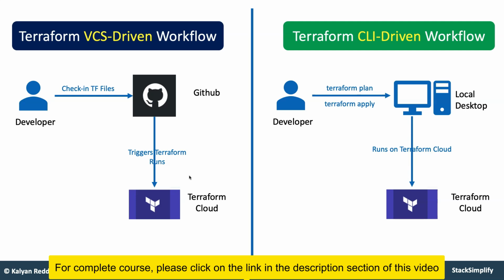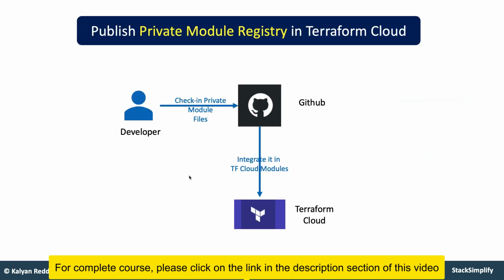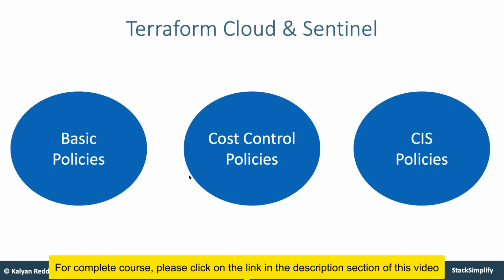From there you will move on and publish your recently built local module as a private module registry in your Terraform Cloud, and then use that in your next sections wherever you want by calling it. And from there you will move on to Terraform Cloud and Sentinel. You are going to enforce policies for Terraform and put different checks on Terraform using Sentinel policies.